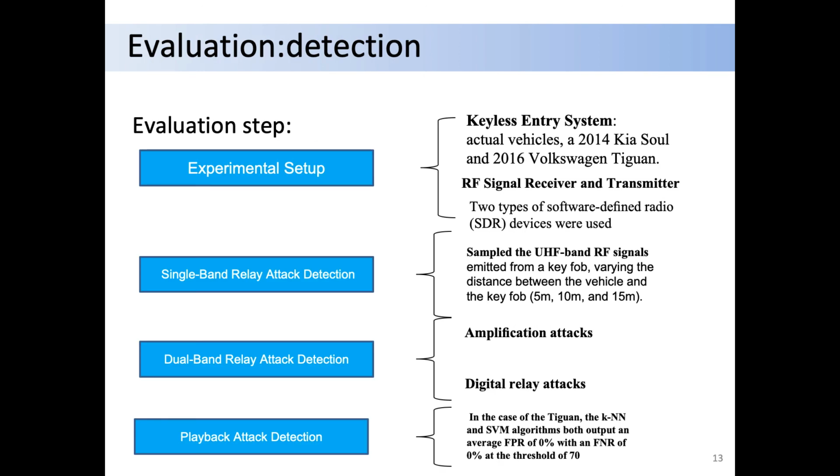Now let's see the evaluation step. The evaluation step mostly focuses on detection. To test the hardware, we first set up the platform. This paper is based on real cars, and we also build an RF signal receiver and transmitter.